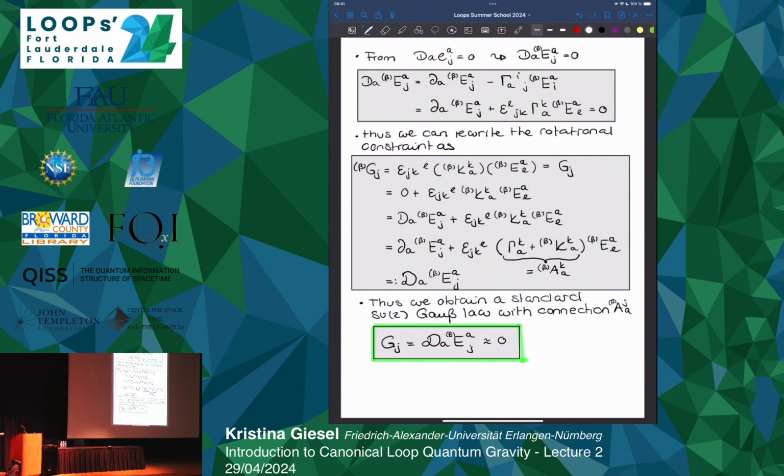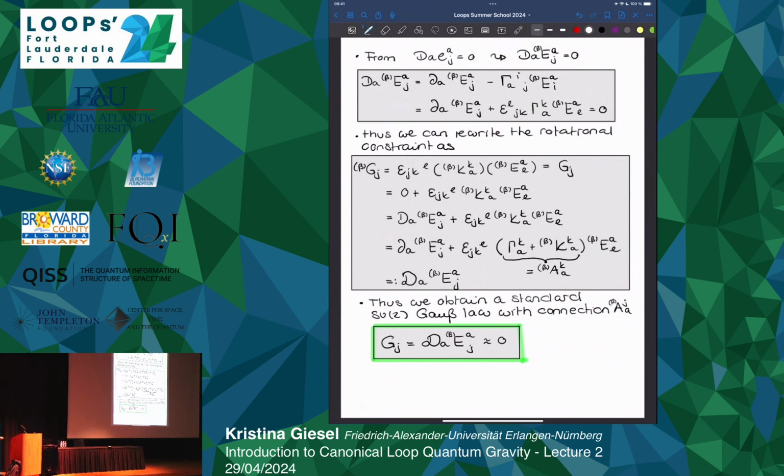And since this will have a contribution from the spin connection from the top here, we can combine this and write it as the partial derivative, and then the epsilon tensor contracted with the combination of K, which comes from the rotational constraint, and the spin connection. And we see the combination that enters here is exactly the Ashtekar-Barbero connection, contracted then with the densitized triad.